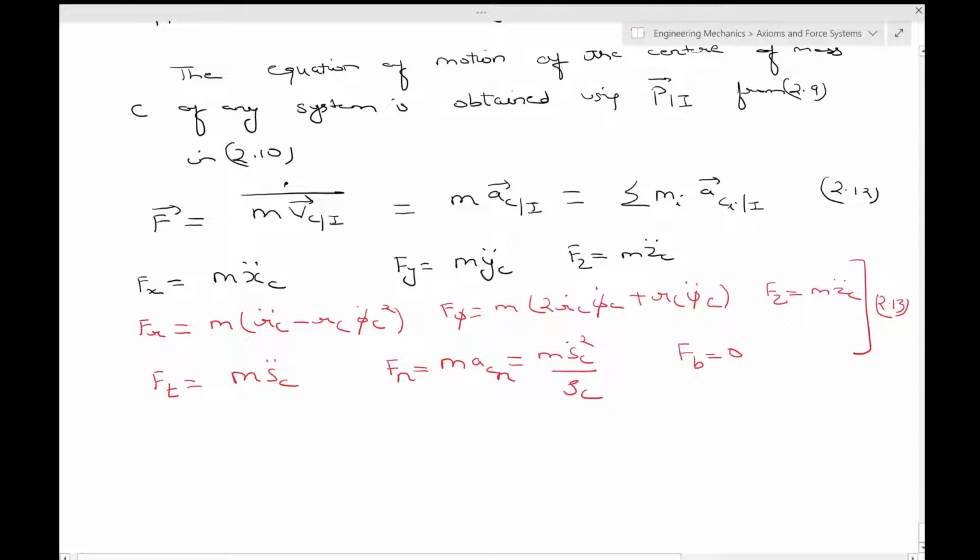Now, don't get me wrong, this 2.12 and 2.13 is valid for any system.